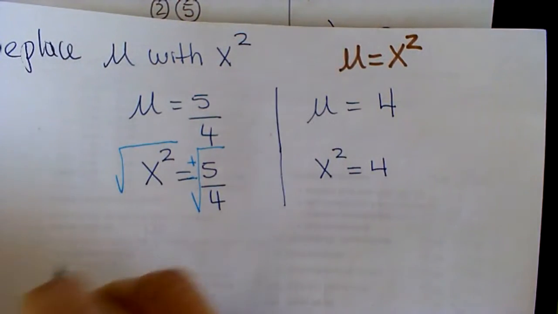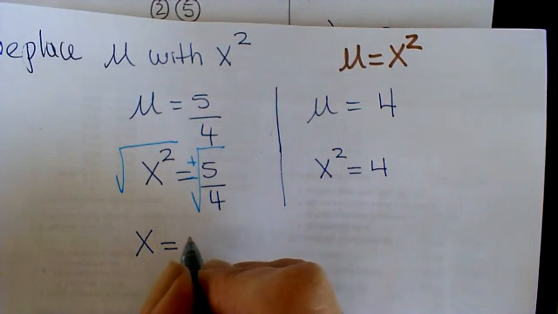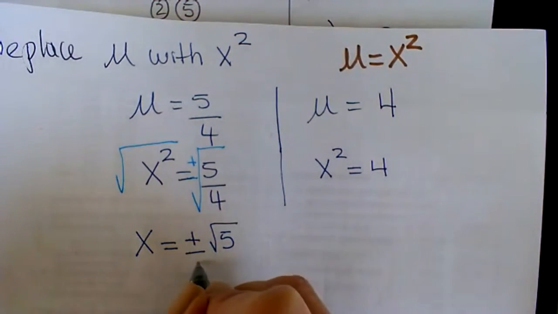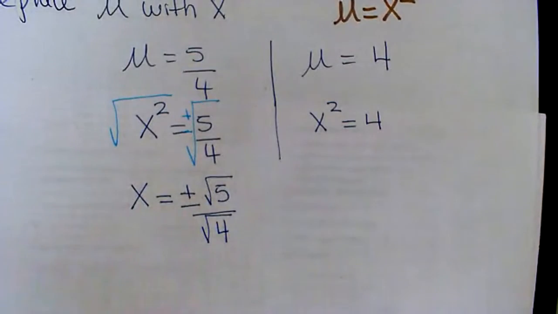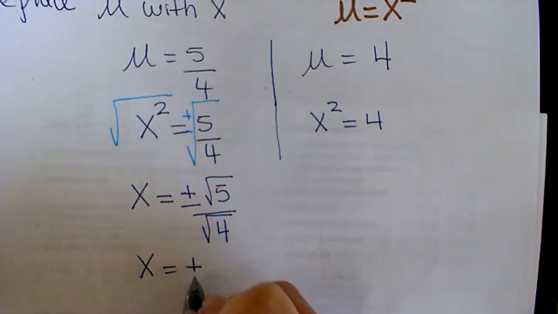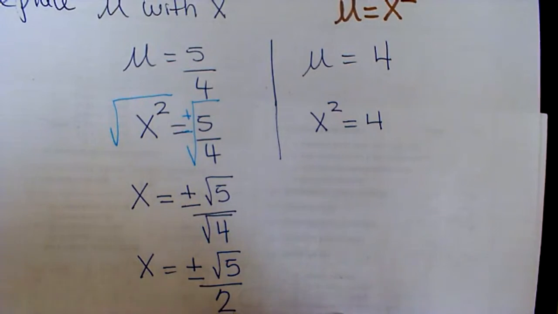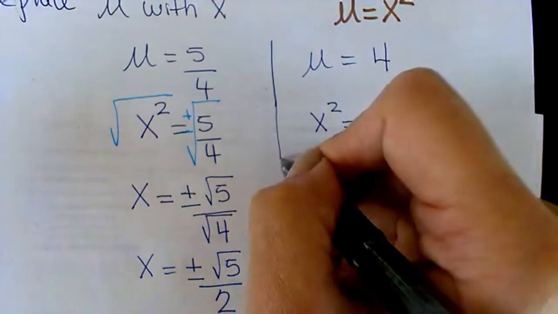So we get x is equal to plus and minus the square root of 5 divided by the square root of 4. And this is equal to plus and minus square root of 5, which is going to stay like that, over 2. That's one side.